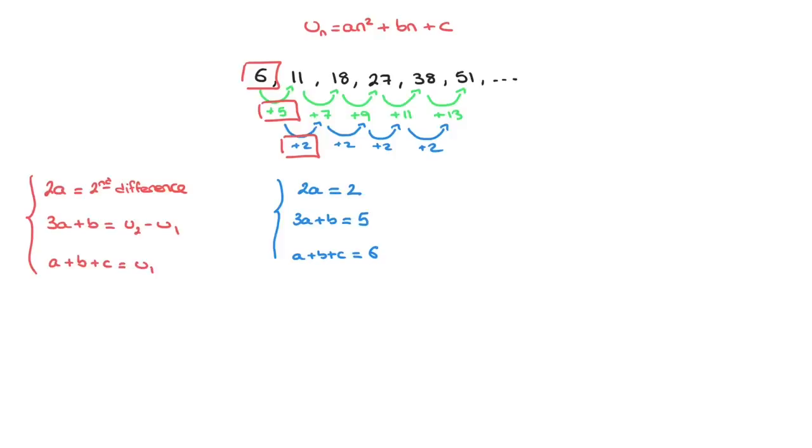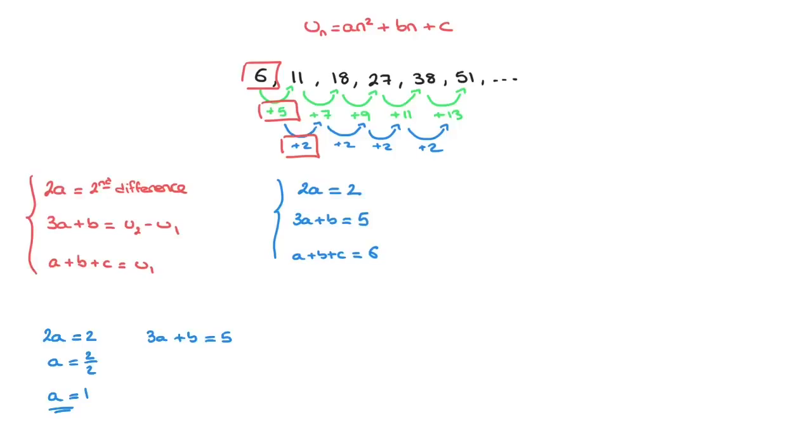I'll start in the lower left-hand corner with 2a equals 2. That leads us to a equals 2 over 2, so a equals 1. Now that we have a, we move on to the second equation, which was 3a plus b equals 5.